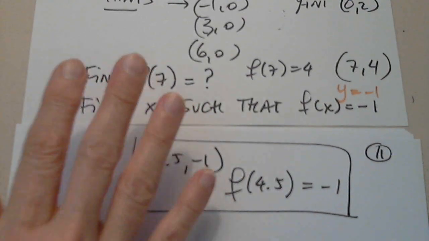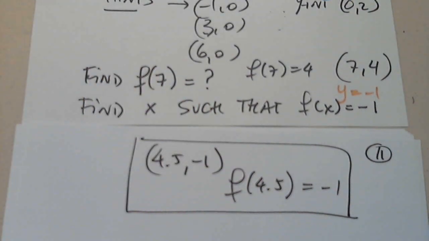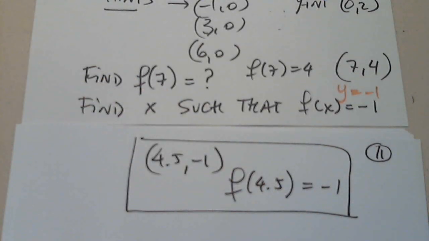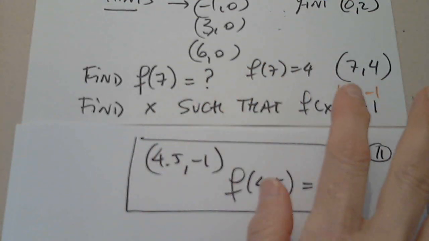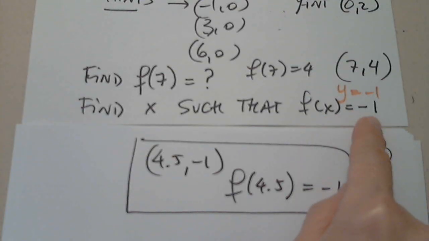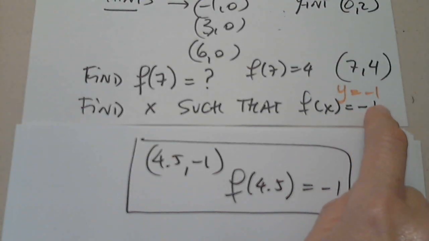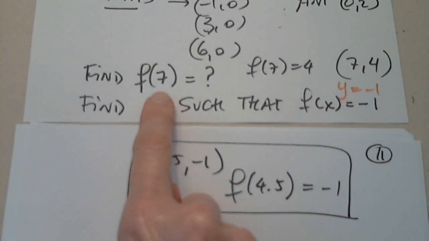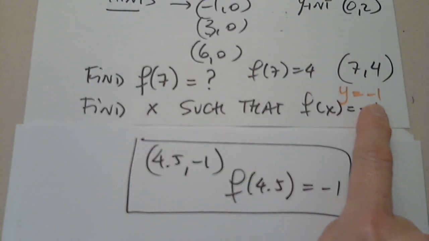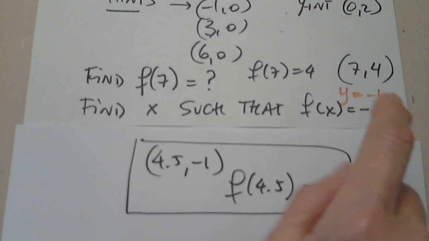So let's analyze this because this is super important. When I'm asked to find f of 7, I am given x. But when I'm asked to find x such that f of x is -1, I am given y. Like ages ago, we learned that x equals 7 is a vertical line and y equals -1 is a horizontal line.